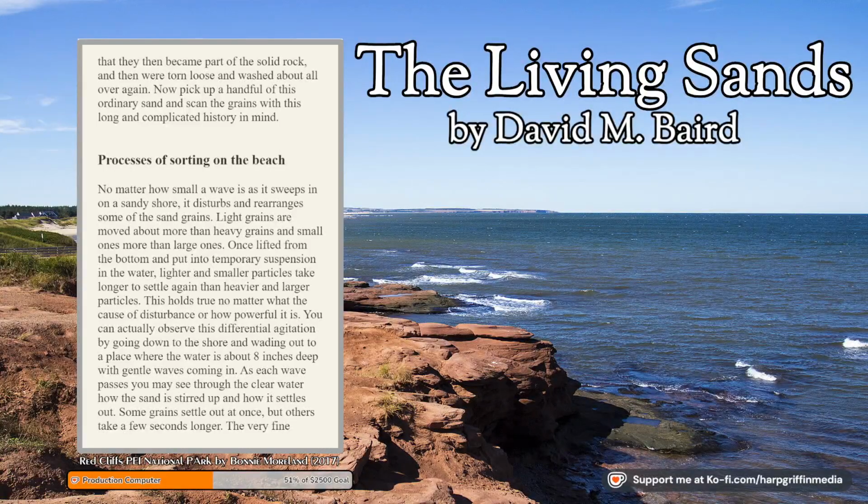You can actually observe this differential agitation by going down to the shore and wading out to a place where the water is about 8 inches deep, with gentle waves coming in. As each wave passes, you may see through the clear water how the sand is stirred up and how it settles out.